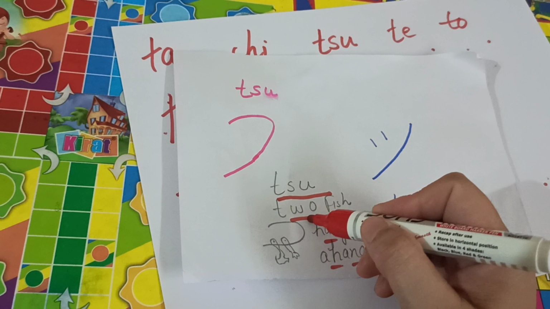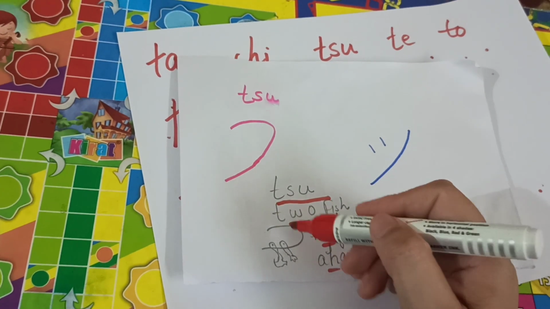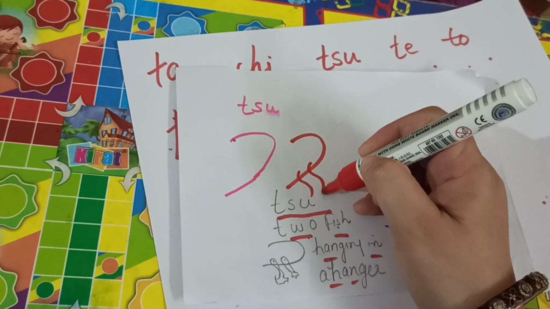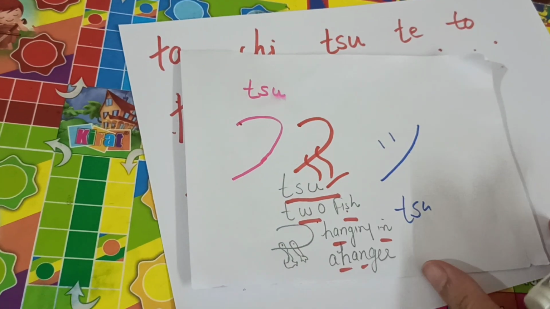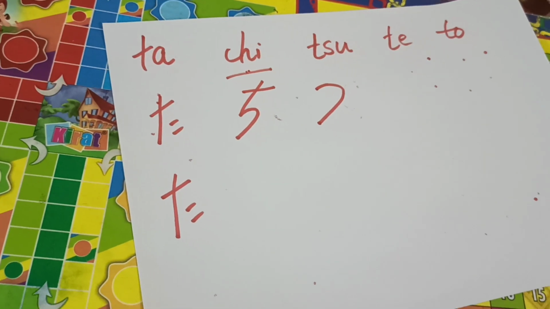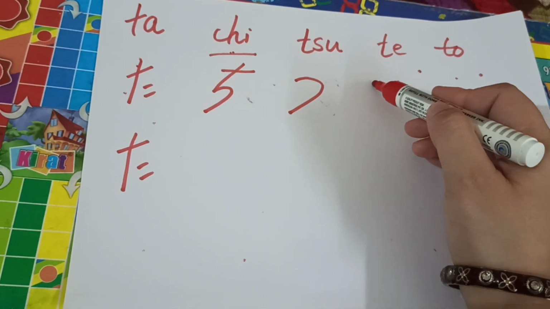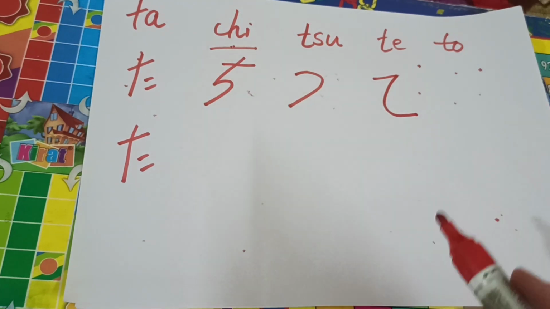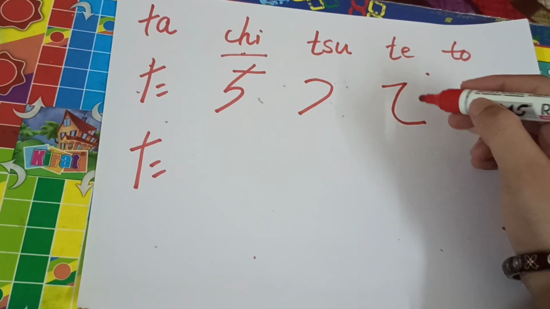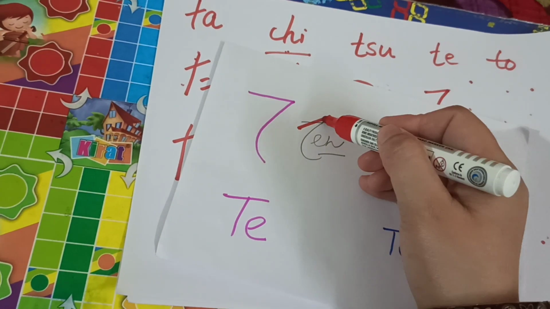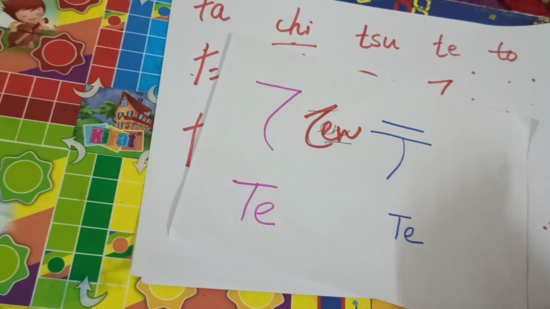Su is two fish hanging in a hanger. So this is the main shape like a hanger. These are two fish hanging in a hanger. This is su. Next one is te. Te, T-E-N, ten. T for te. T for ten.